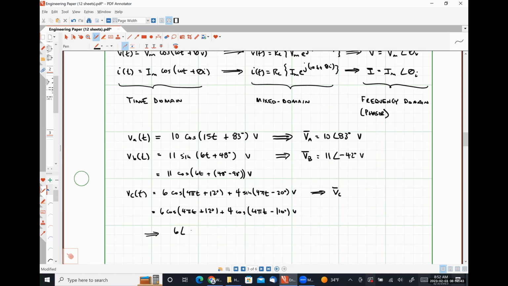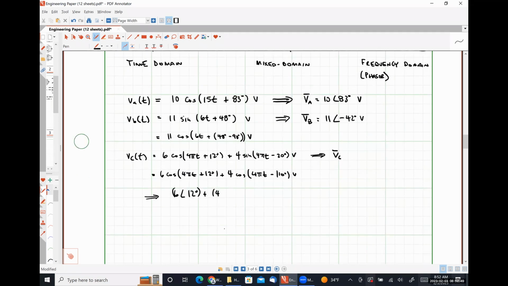So that would look like 6 angle 12 plus 4 angle negative 110. And that's what's going to give me my phasor representation. So we simply just do that combination of sinusoids using complex numbers.